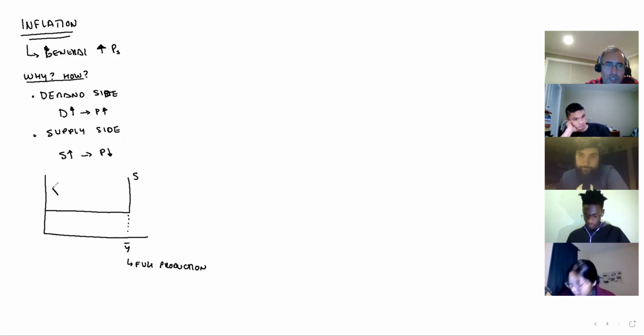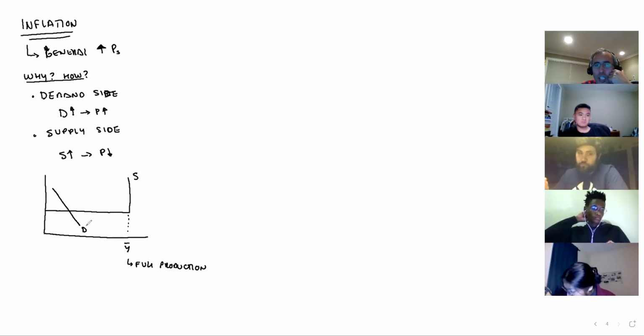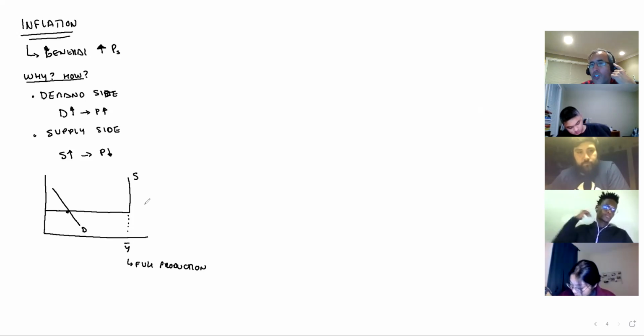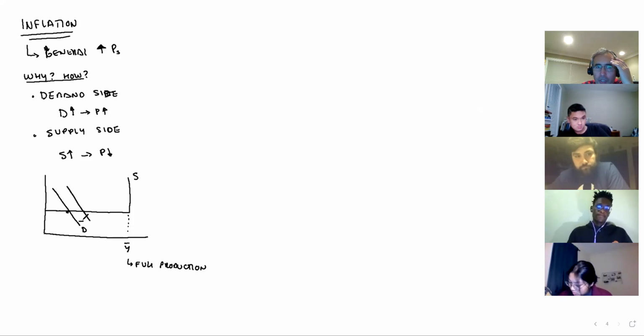And the demand, of course, is like that. And these events here, guys, do not necessarily translate into an immediate increase in prices. Why? Imagine your full capacity is very far away, so you're producing at 30% of your factories. If the demand increases, nothing happens. You continue producing more. Do you agree?